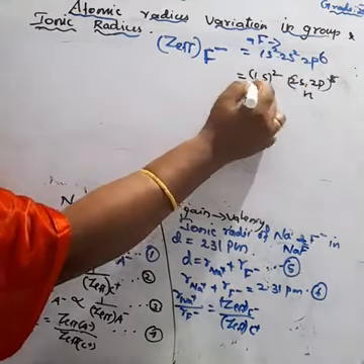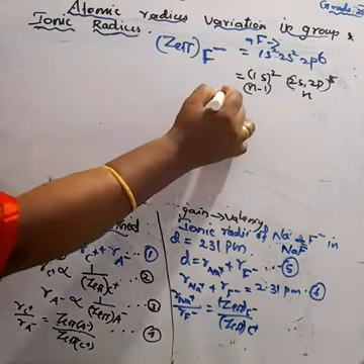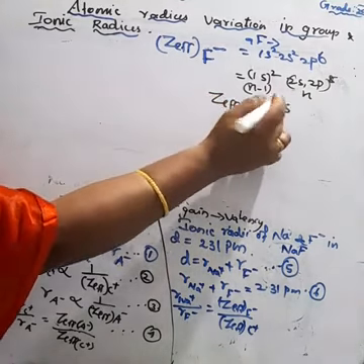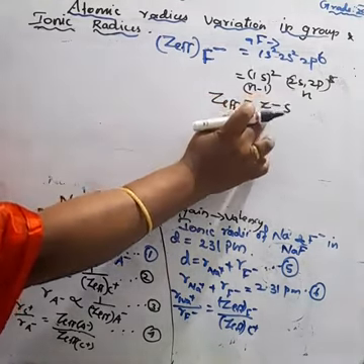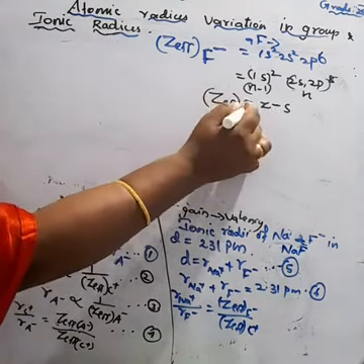What is the formula? Zeff is equal to Z minus S. So for the fluoride ion, Zeff of F minus is equal to Z minus S. We have to calculate the S value here.